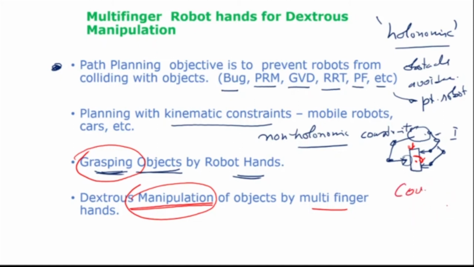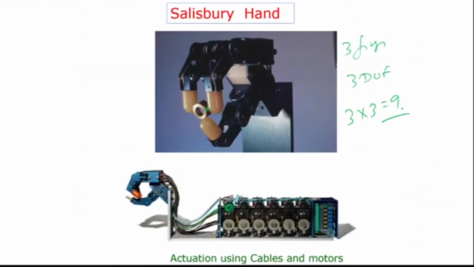So the moment there is contact, it basically means that you can apply forces, moments, and there can be linear and angular velocities. Okay. So this is what we'll be looking at in multi-fingered manipulation. Grasping is one, and number 2 is manipulation.